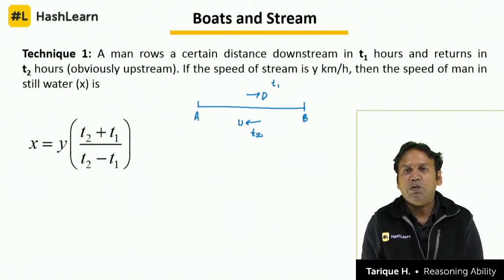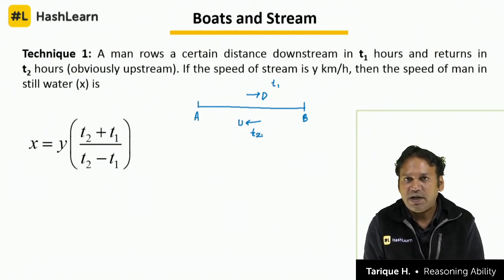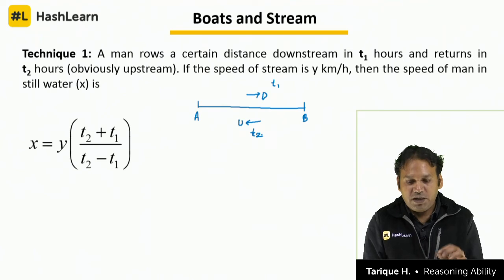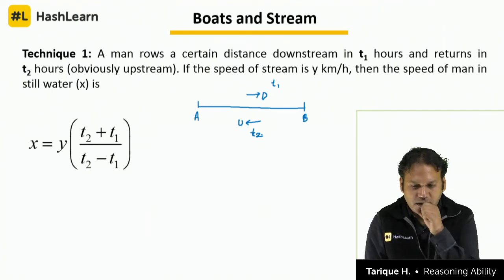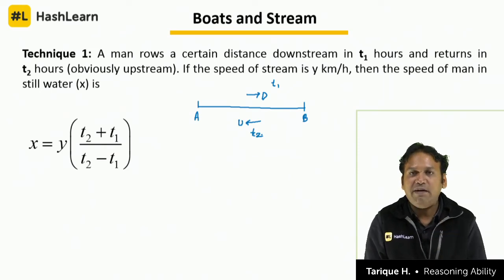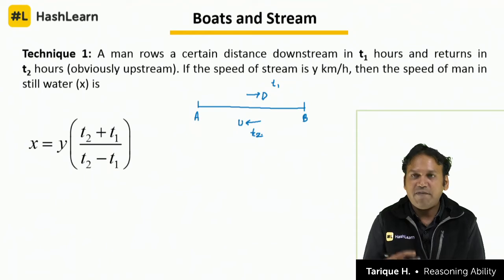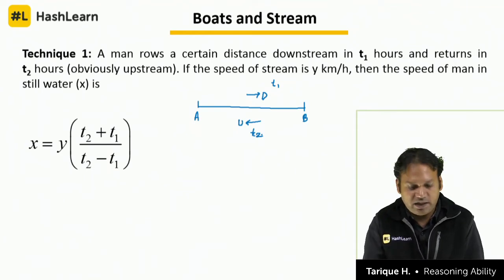The time taken to go a certain distance downstream and the time taken to come back the same distance upstream are given to you. If the speed of the stream is y kilometers per hour, then the speed of the man will be how much? If the speed of the stream is given to you, how can we find out the speed of the man or the speed of the boat directly?